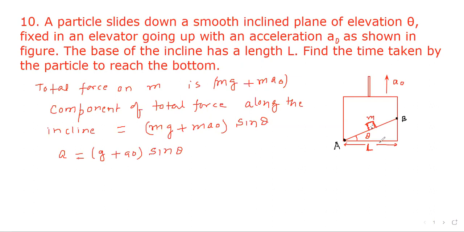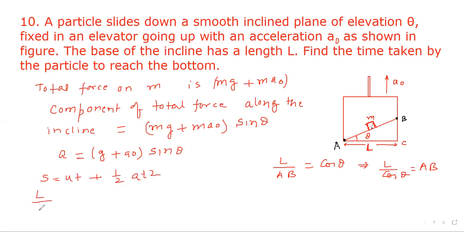Now here AB is the hypotenuse and this is the base AC. So we can say L upon AB equals cos theta, or L upon cos theta is AB, and that is the distance to be covered. So we apply the formula S equals UT plus half AT square.